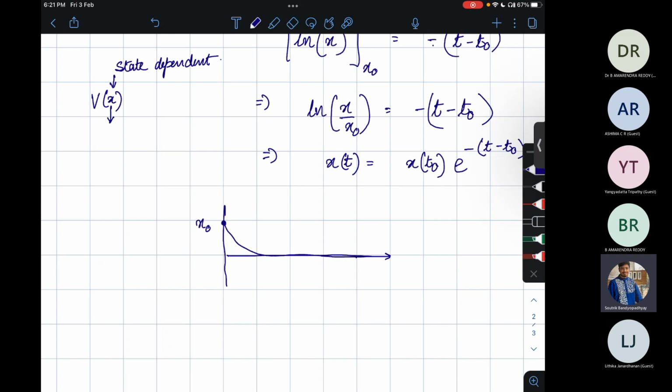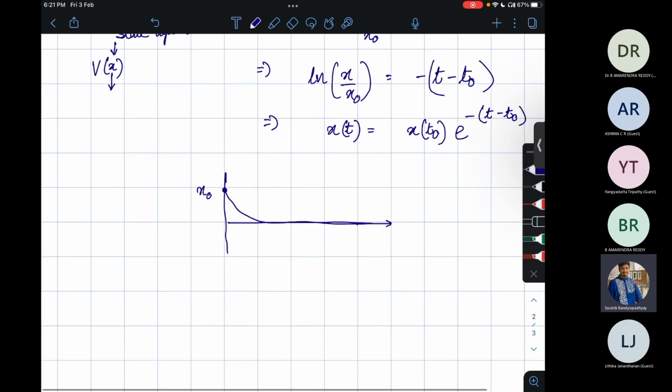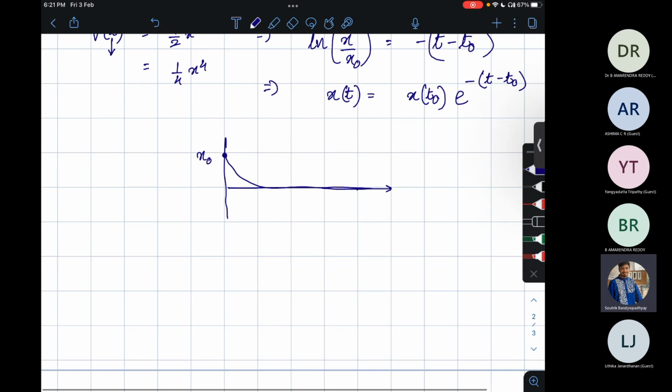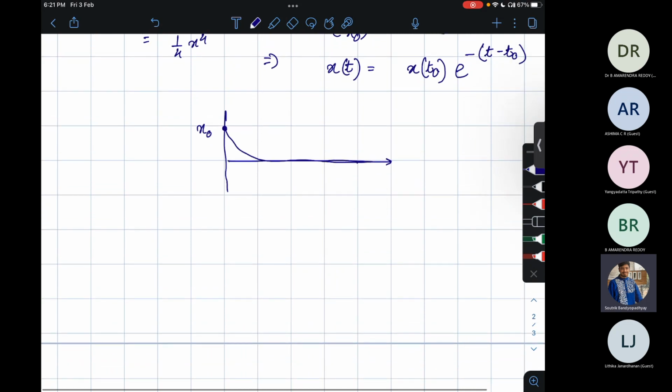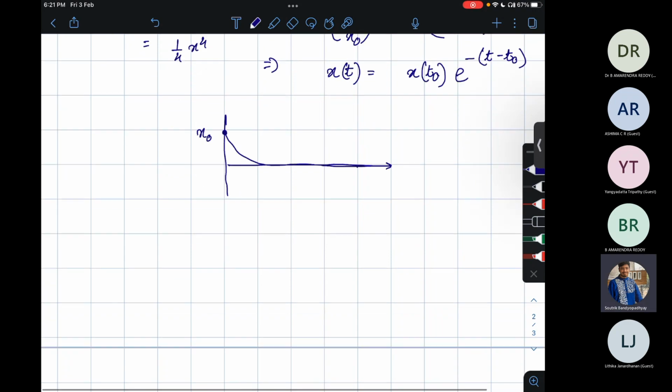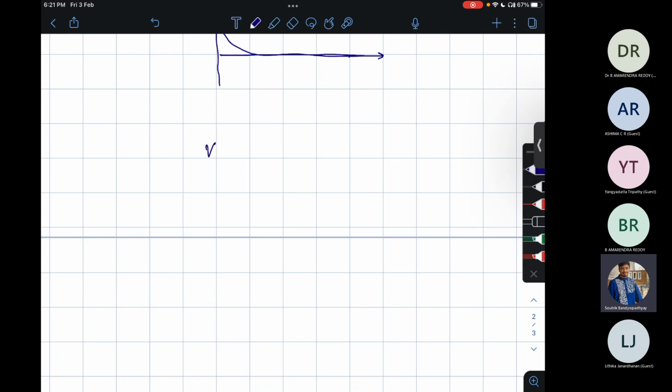State dependent Lyapunov functions are, let's say, half of x square, or it can be 1/4 of x to the power 4. Why these powers of 2 I have considered, it would be clear a little bit later. So let me go through that and then do it. Suppose I give you this Lyapunov function over here.